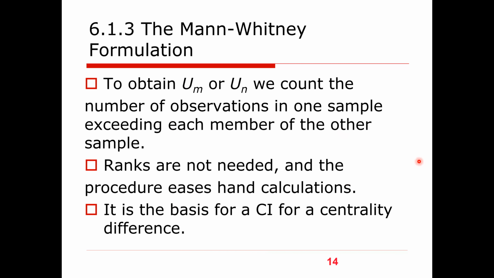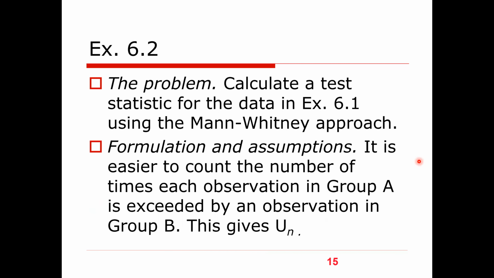And let's look at an example. Calculate the test statistic U for the previous calculator problem. Because M is 10 and N is 11, UN is the sum of the number of observations in group B exceeding each observation in group A.